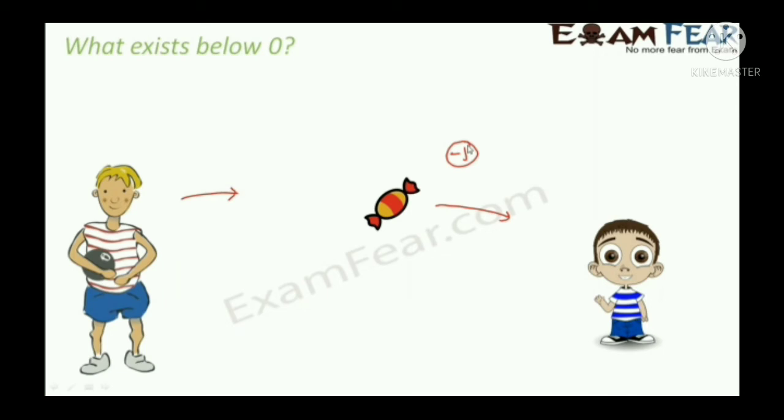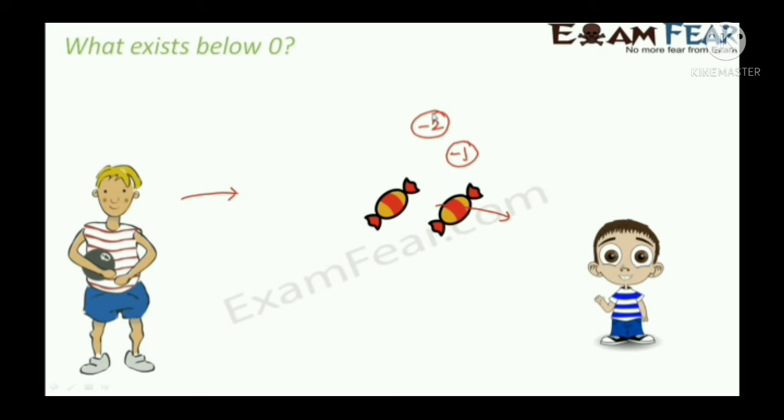Now, if he borrows 1 more chocolate from his brother, that means now he has -2 chocolates, because he has 2 chocolates. But why this negative sign? Because these 2 chocolates are not his own. They are taken from someone whom he needs to return them to. So basically these 2 chocolates don't really belong to the kid. They belong to somebody else from whom he has borrowed.